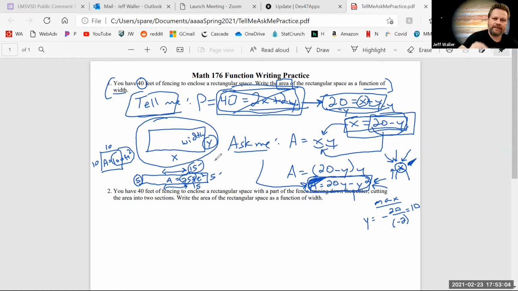So it's really kind of neat. A square maximizes the area for any, well, I have to be careful, for any rectangular shape. I went way farther than that question needed us to, but I just wanted to.